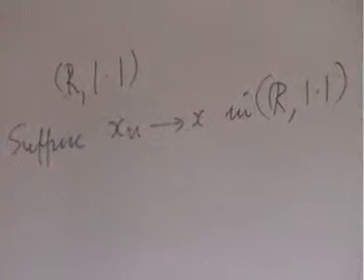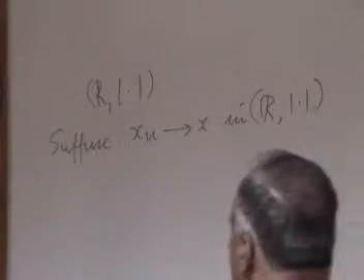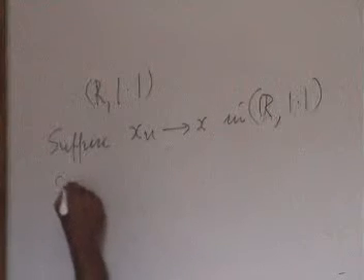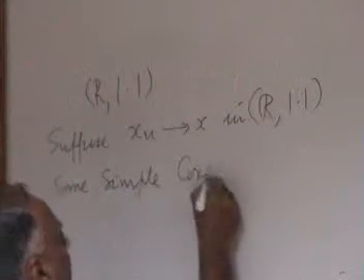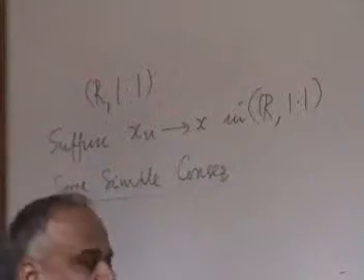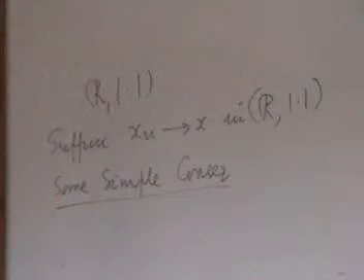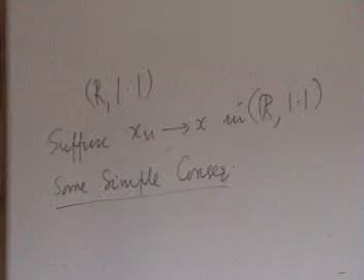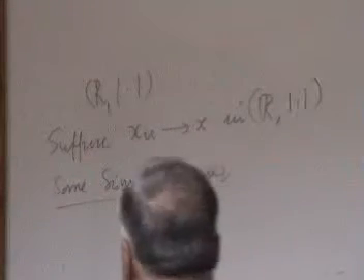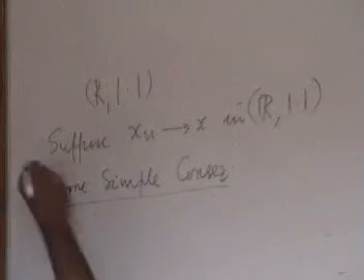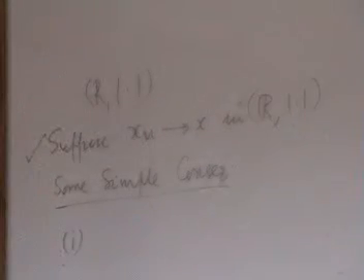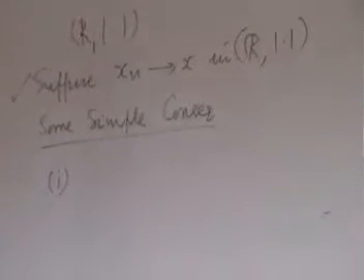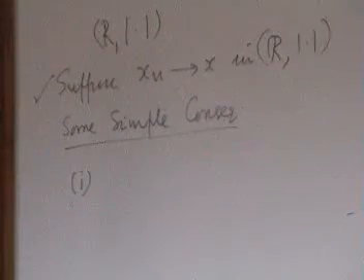Now there are some very simple consequences of this, which we will be repeatedly using when we do convergence analysis. The first simple consequence is, now I am given this, xn converges to x, so all this definition holds.